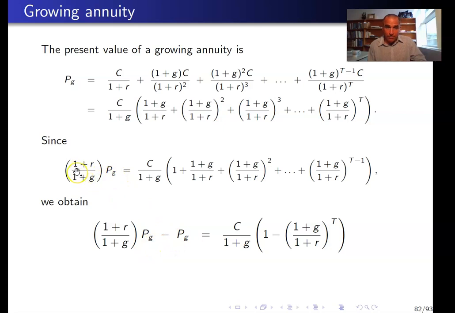Okay, so PG times this term here, (1 plus R) over (1 plus G), is equal to C over 1 plus G times 1 plus G and so on. So if I take PG multiplied by (1 plus R) over (1 plus G), and I subtract PG, this term disappears. (1 plus G) over (1 plus R) squared will disappear, and so on.